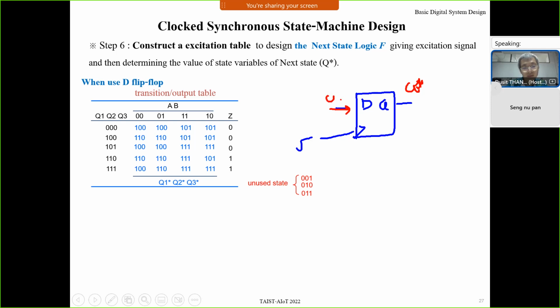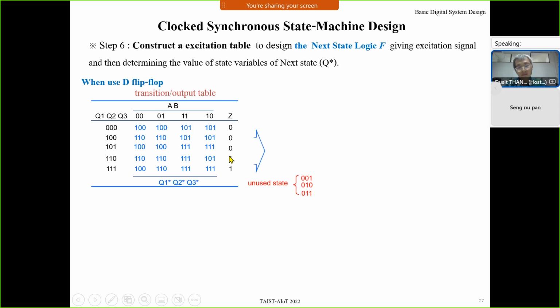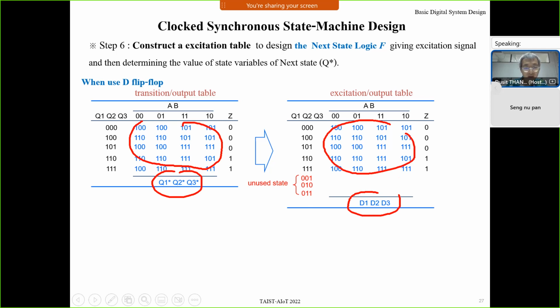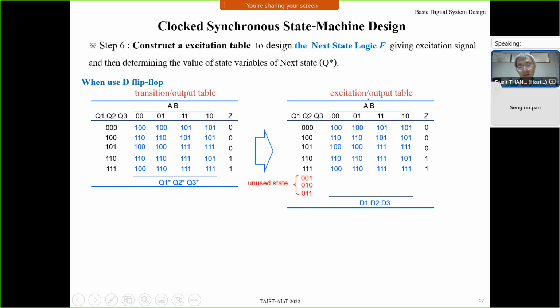If D is 0, then Q star becomes 0. If D is 1, Q star becomes 1. That means I just copy the value of Q star to this table as the value of D, or excitation signal.